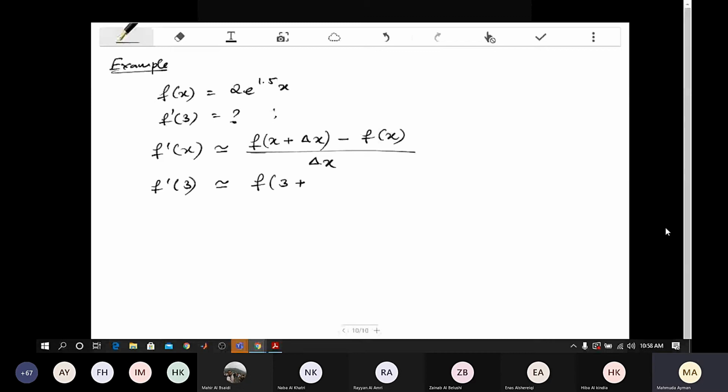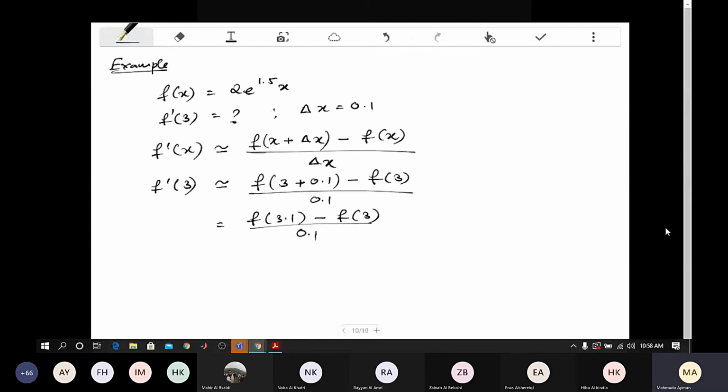So here let's choose 0.1 for delta x. So we'll have f of 3.1 minus f of 3, divided by delta x, which is 0.1.